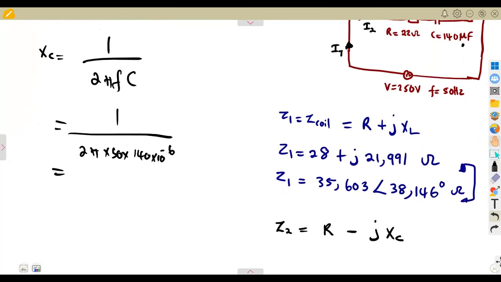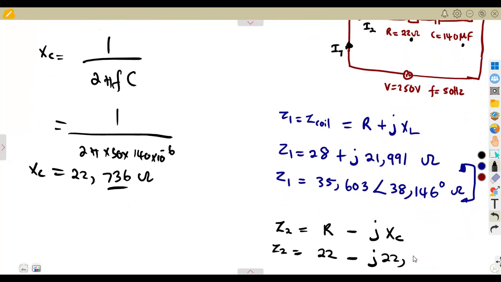This gives us the value of XC as 22.736 ohms. Having XC, you're going to have your Z2, which is the resistance across the RC circuit, 22, minus JXC, which is 22.736 ohms.